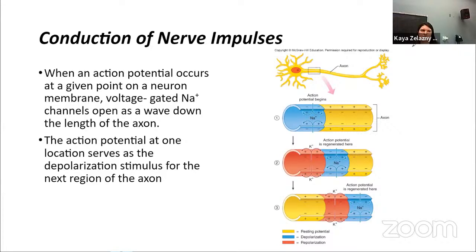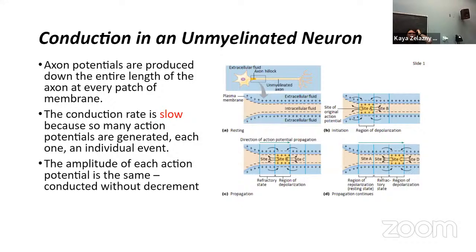So we're triggering sections of the membrane in sequence. The action potentials are being produced patch by patch down our axon, so every patch of that membrane is going to get triggered in sequence, 1, 2, 3, 4, or A, B, C, D, if we're breaking this up.